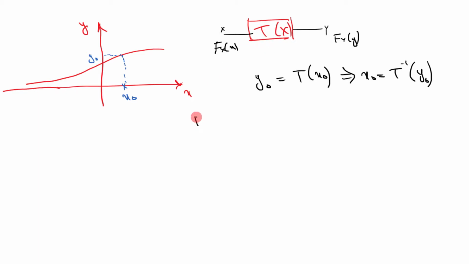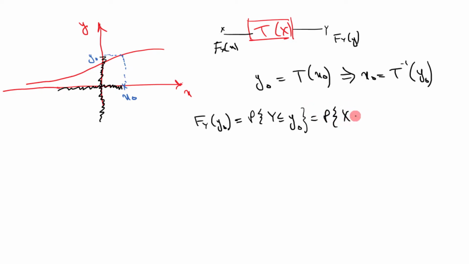Your F_Y of y naught will be equal to the probability of Y less than or equal to y naught. If you want to calculate this probability, what you are actually finding is the probability of X less than or equal to x naught, which is equal to F_X of x naught.